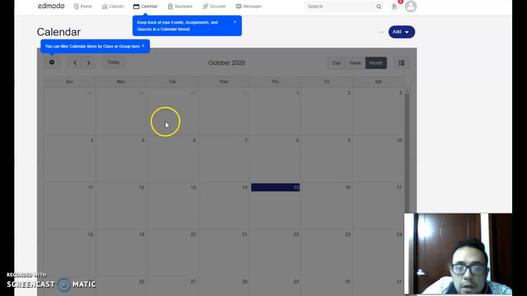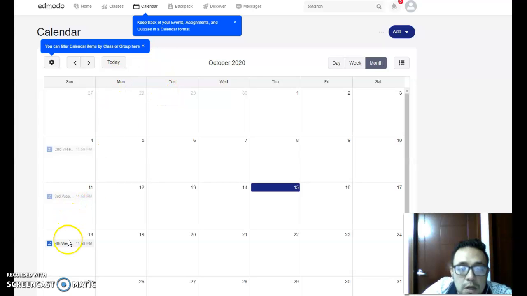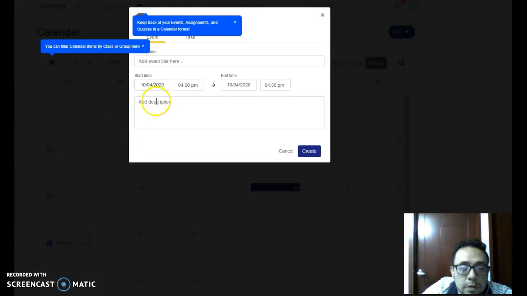Here we have the calendar, so we can see what we have to do on a determined day. We can put in when the event starts and at what time it ends.